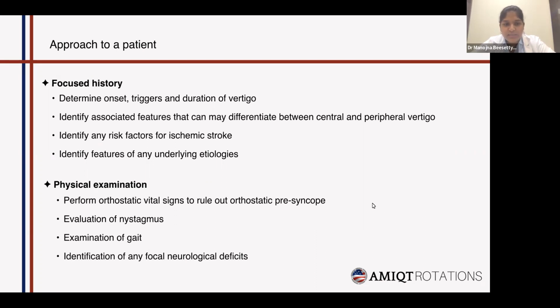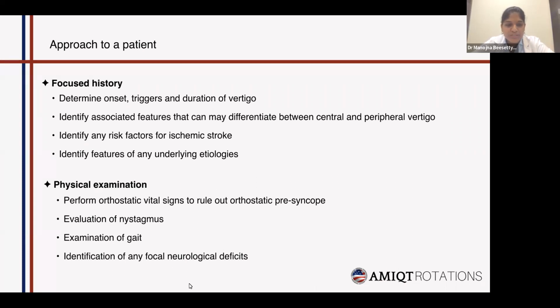Coming to the physical examination, performing orthostatic vital signs helps us in ruling out orthostatic presyncope. As I mentioned earlier, patients usually get confused between the symptoms of presyncope and vertigo. So we should check orthostatic vital signs to rule out orthostatic presyncope.